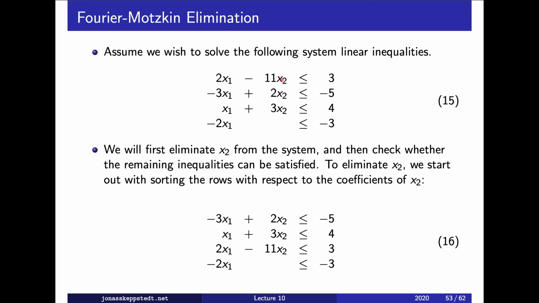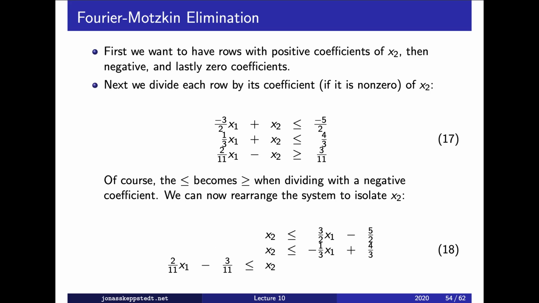To do that, we sort the inequalities so that we have all positive first and then the negative, and last the zero, but that doesn't matter now. Then we divide by the coefficient and change those with negative to greater than instead. And we will have the system on this form.